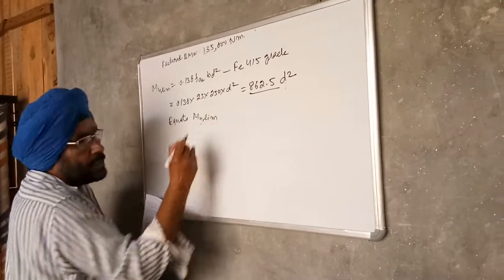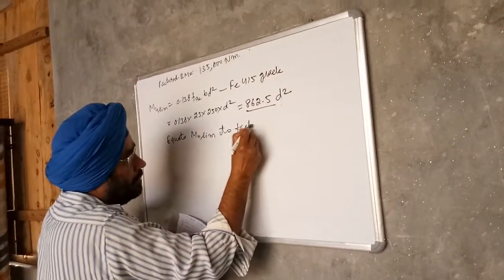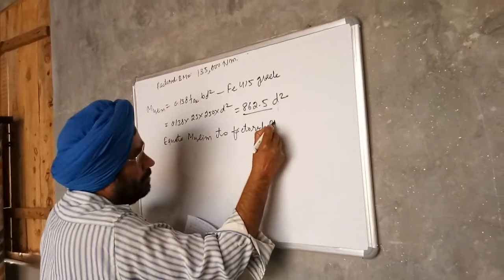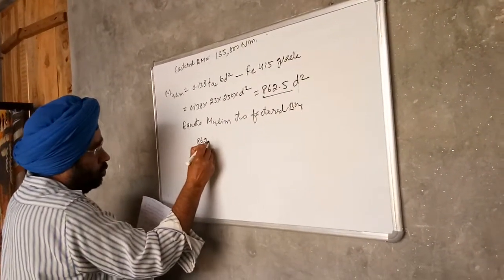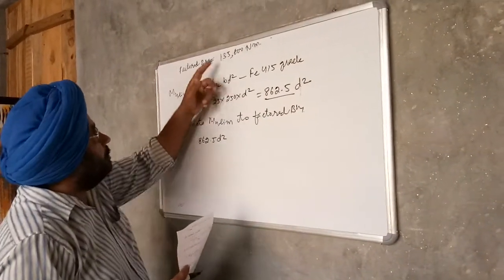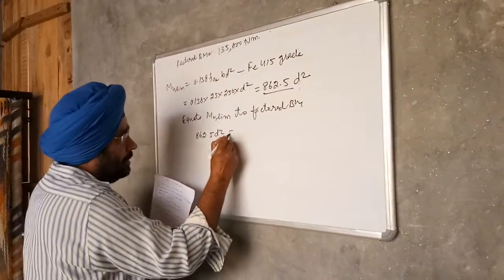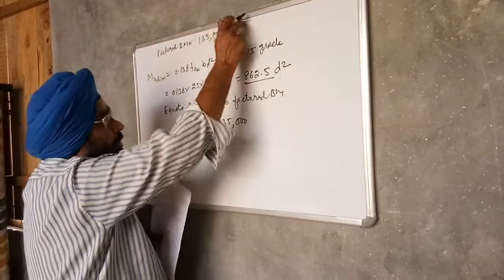Then equate limiting moment of resistance of the beam section to factored bending moment. We get 862.5 d square, this is limiting moment of resistance, equal to factored bending moment, 135,000 Newton meter.